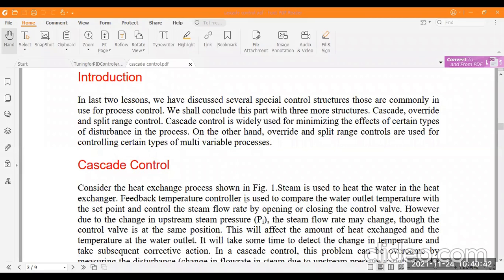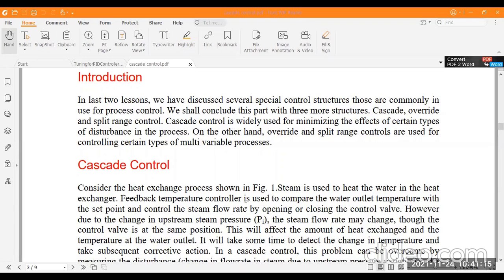This cascade control system has one manipulated variable and more than one measurement. Please remember this first point. In a control system there is a block diagram or signal flow graph. In the block diagram you can see many components, that is different blocks G1, G2, G3, G4 and so on.